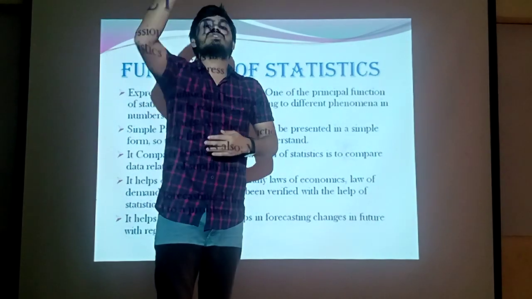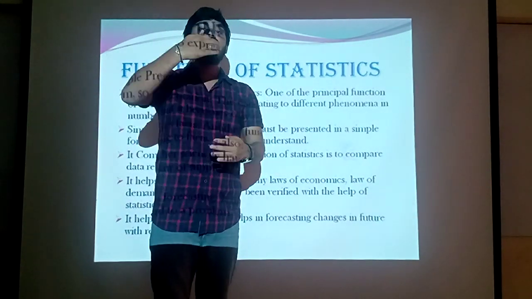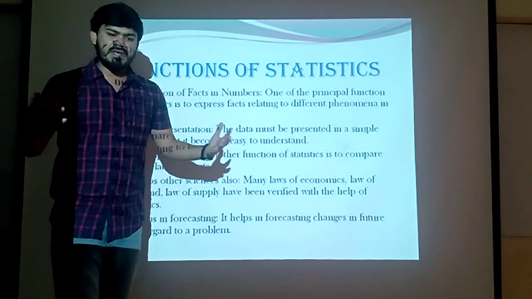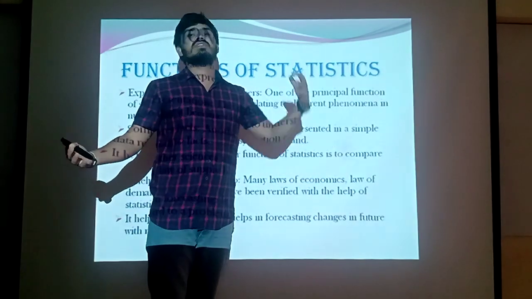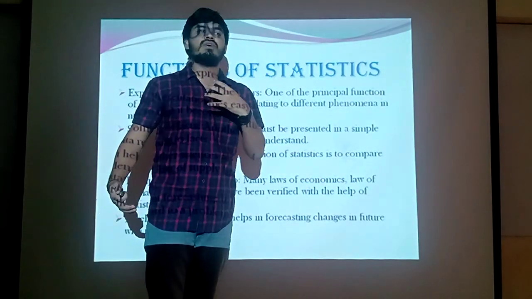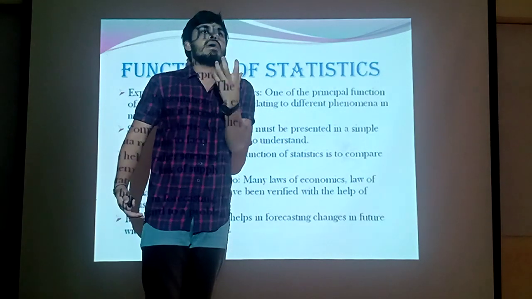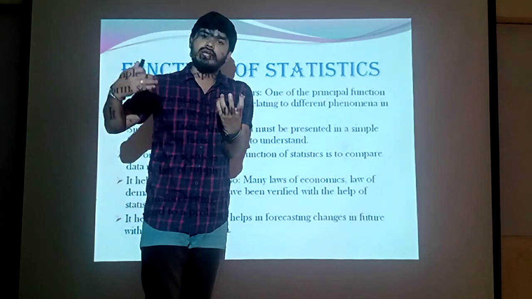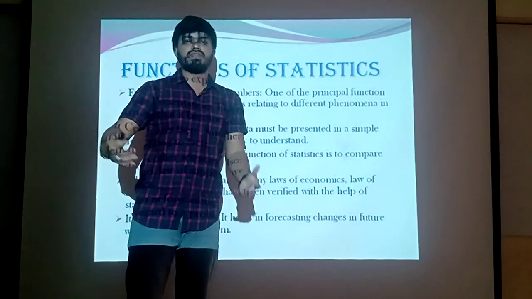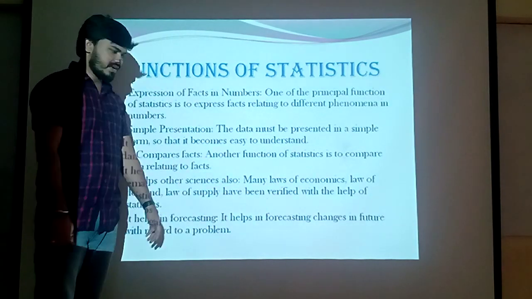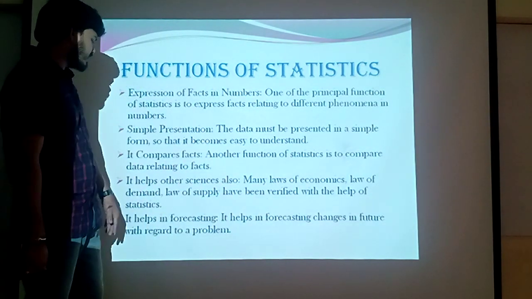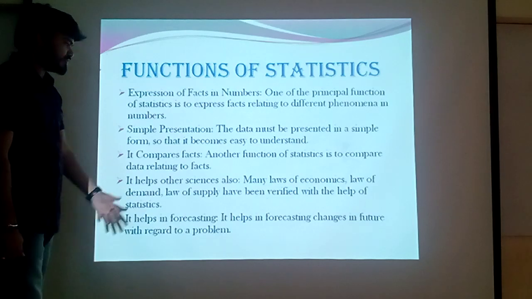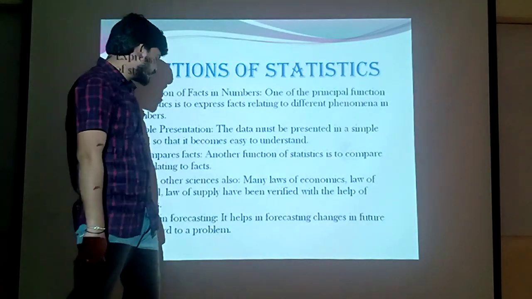We are forecasting the result here, or the facts. It may be true, it may be wrong. So once we reach 2025, we know whether my forecasting or my prediction was wrong or right. It depends again on statistical surveys. So it helps in forecasting changes in the future with regard to a problem.